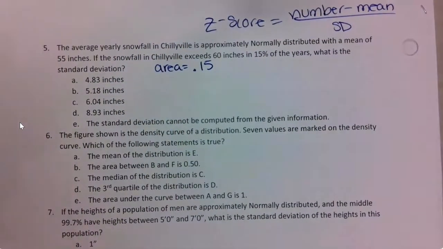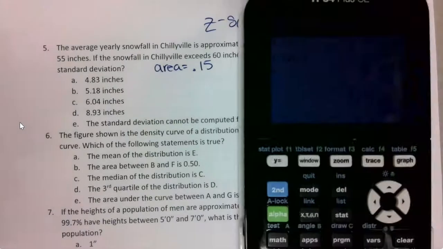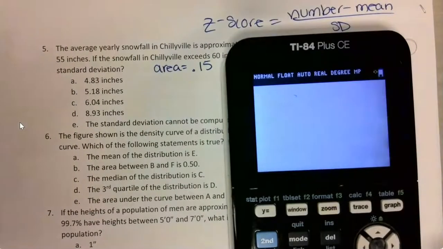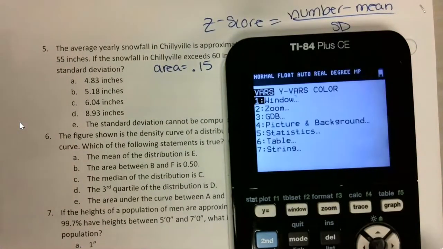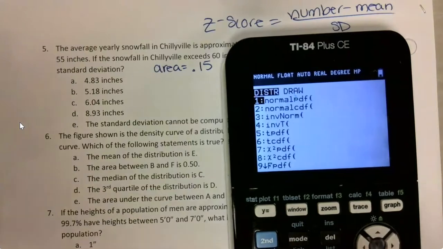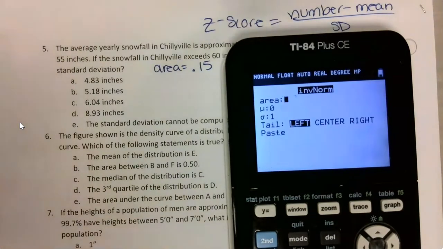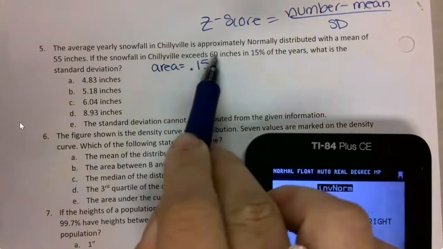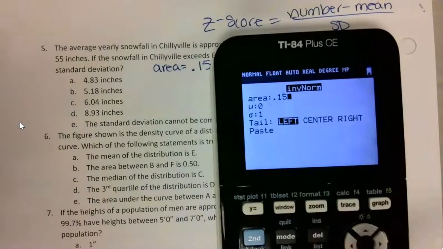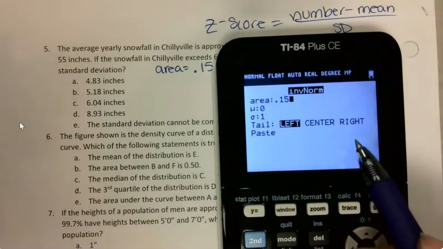So what I want to do is figure out my z-score, and I can do this by going on my calculator. I'm going to go to VARS, and I want to press 3 for inverse normal. My area is 0.15, and then I want everything over 60 inches. If I have the choice, I want to use right on my calculator.